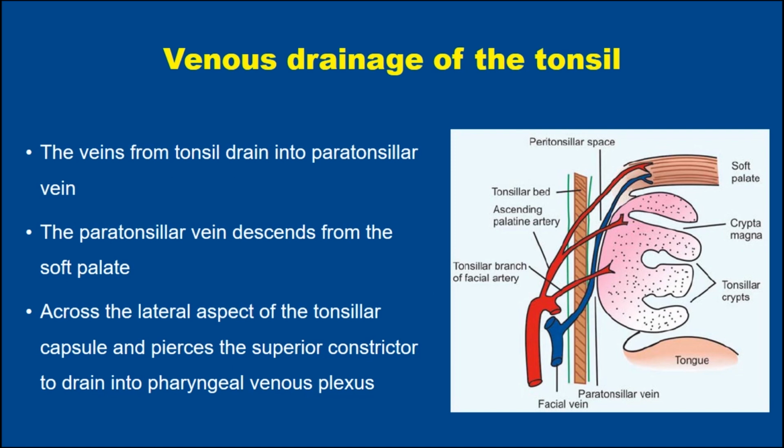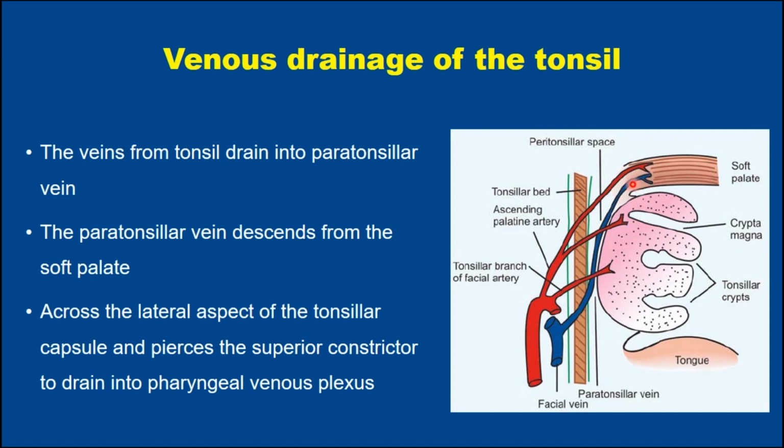Now we'll discuss the venous drainage of the tonsil. The veins from the tonsil drain into the paratonsillar vein. This is the paratonsillar vein, and it descends from the soft palate. Here this is the soft palate.